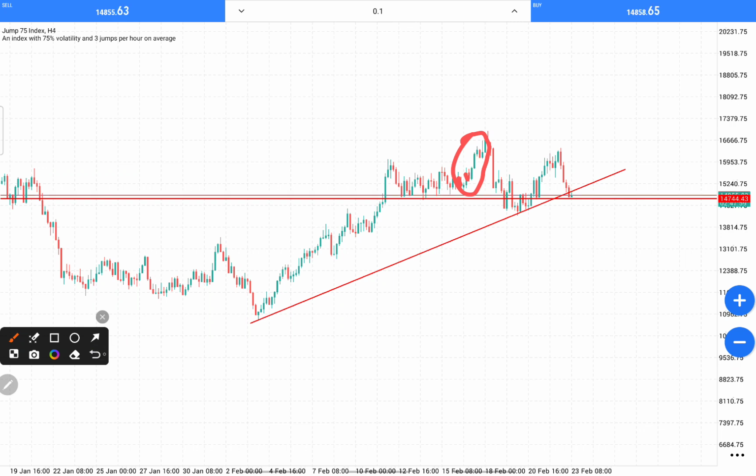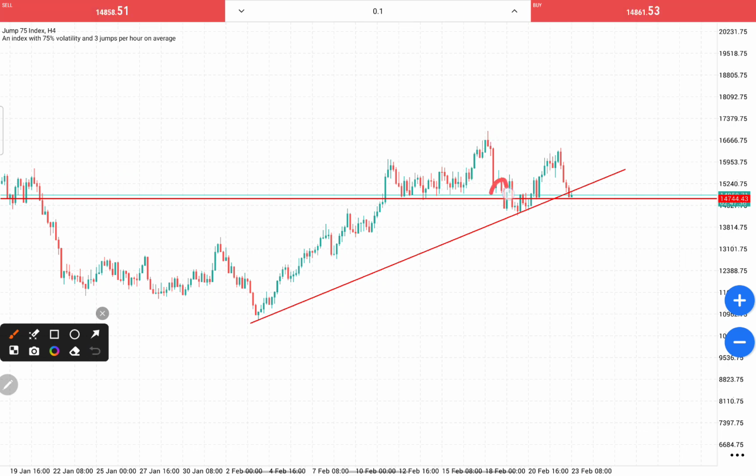Now, only one candle. This one big candle cancelled all 6 previous candles. That is to show you that the bearish movement is coming. Do you understand? And you will see that after this one candle, the market did what?